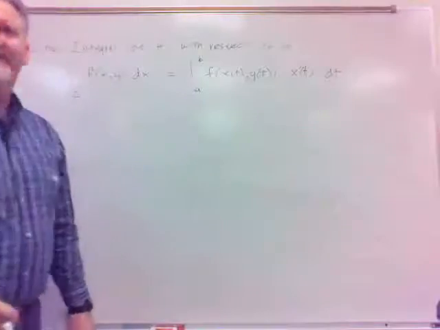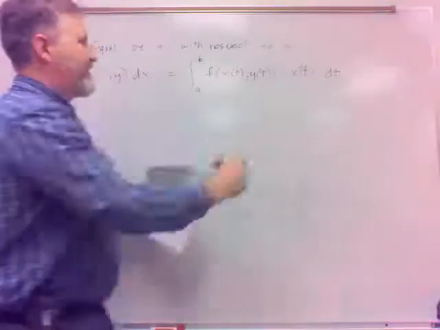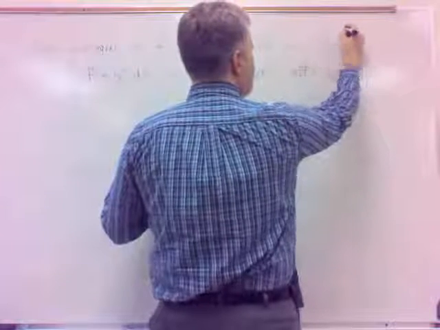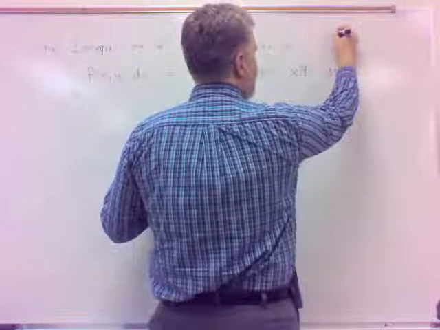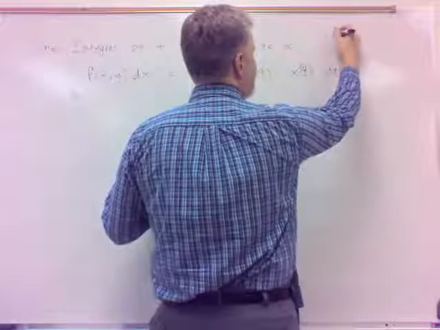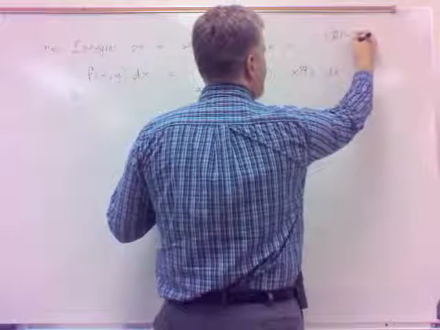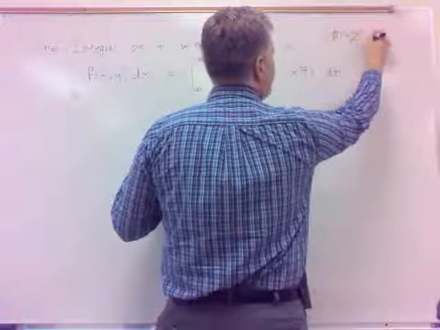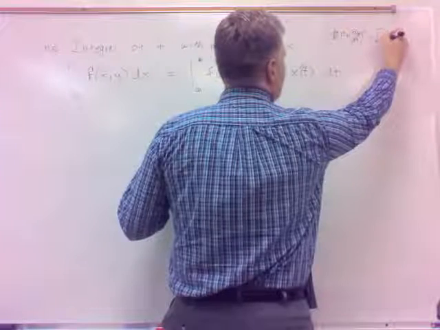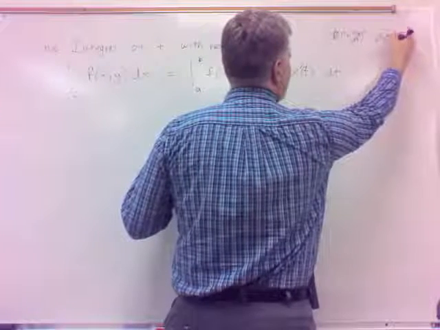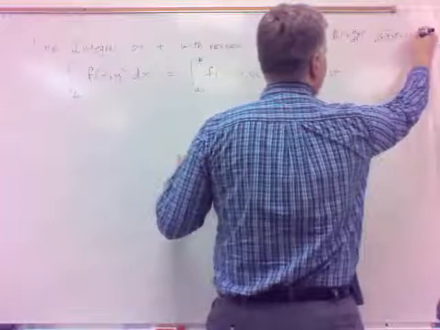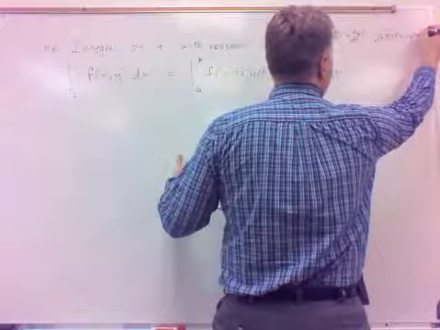See why? If you think about it, this part is usually the square root of dx dt squared plus dy dt squared, but that's also x prime t squared plus y prime t squared.